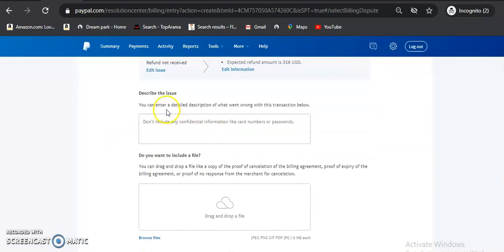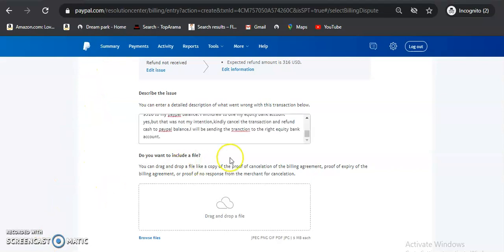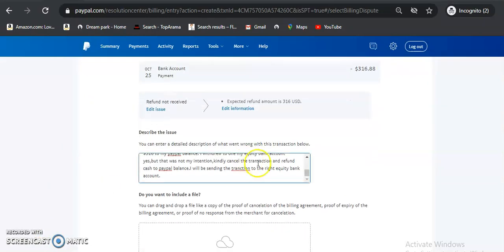Then it tells me I can enter a detailed description of what went wrong on this transaction below, without including any confidential information like card numbers or passwords. So I will fill in that information. When PayPal gives you a chance to describe an issue, be very thorough because you might be told to prove the transaction. I transferred 316 US dollars to a wrong Equity bank account.